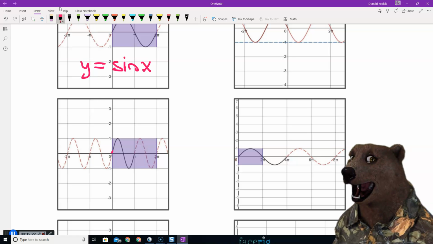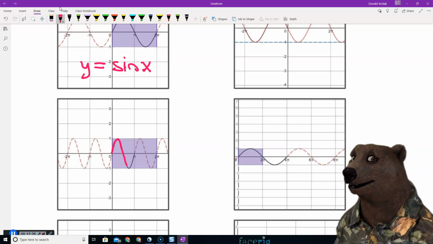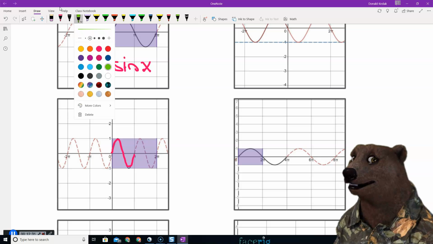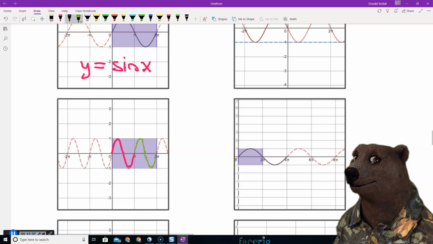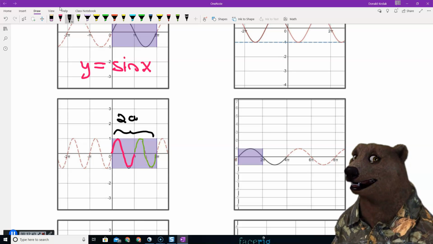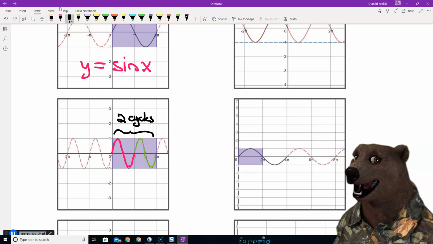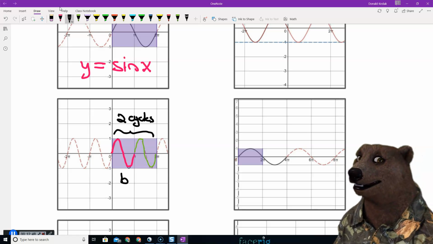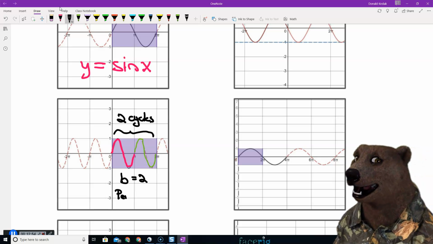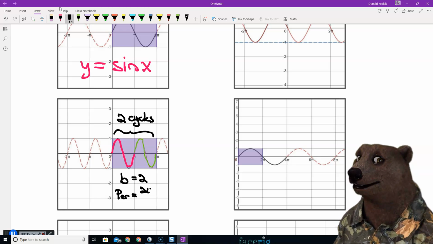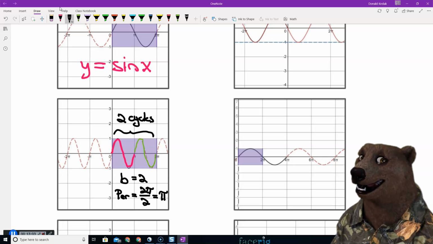So here is 1 cycle of sine, and here is another cycle of sine. So in that area right there, I have 2 cycles. So that tells me that my B value is 2. To get the period, I take 2 pi and I divide it by 2. So the period of this thing is pi.